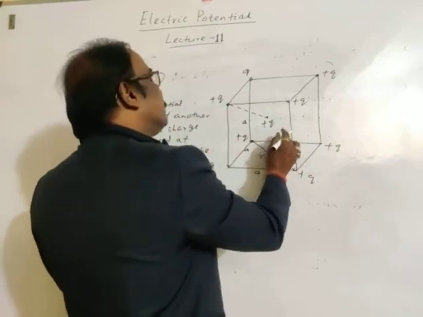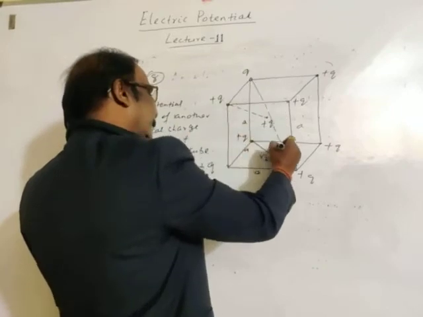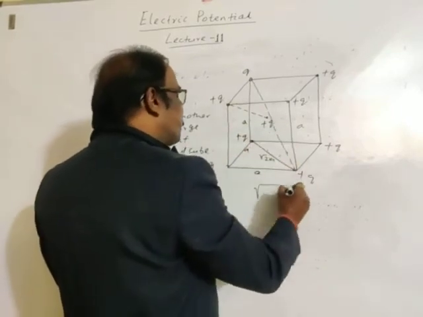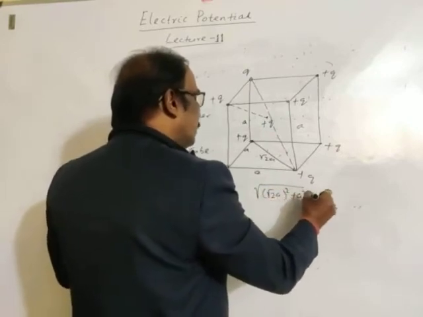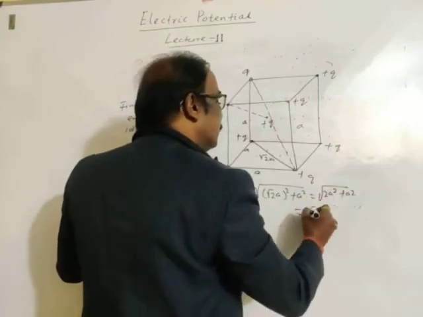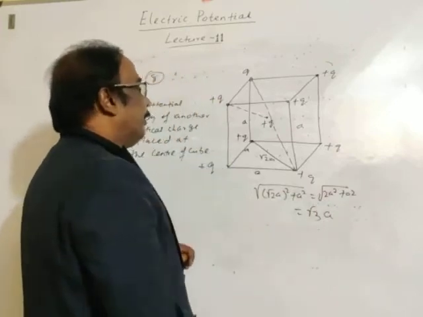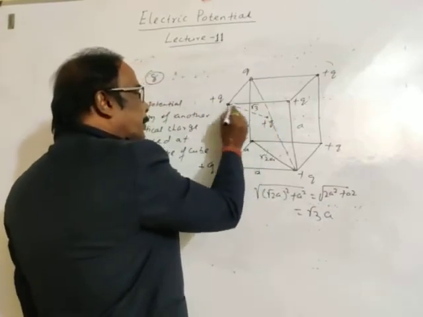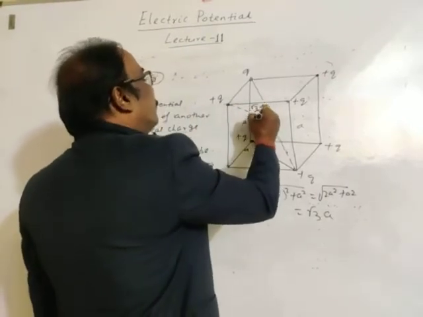Then this distance is also A. Then from one corner to another corner, distance is square root of root 2A square plus A square, that equals 2A square plus A square, means 3A square, square root of 3A square, root 3A. Then the distance of center of cube from any corner is root 3A by 2.